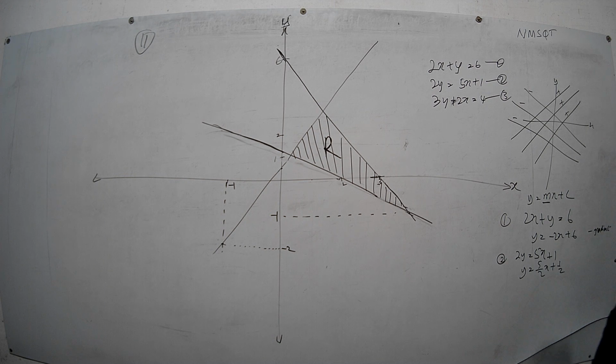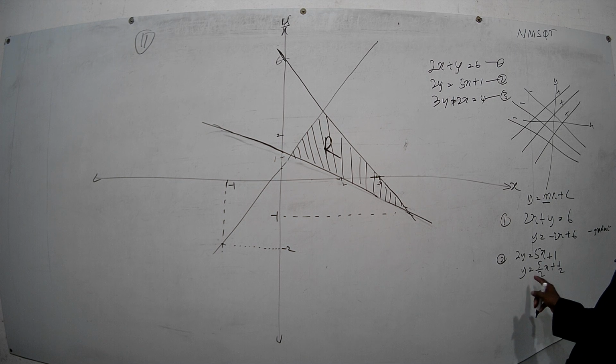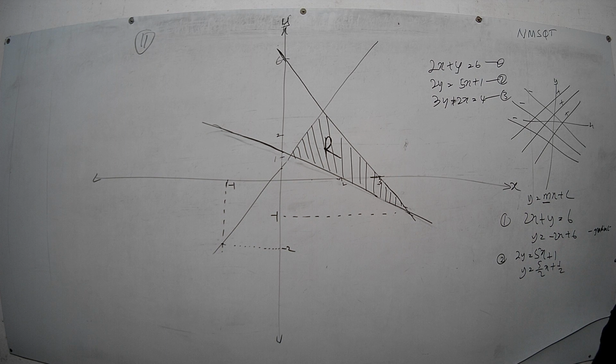Right, okay. It has also been rearranged with y as the subject, so it has been converted into the general form y equals mx plus c. The coefficient of x is the gradient. Here the gradient is 5 over 2, that is positive. So this is a positive gradient, plus gradient.